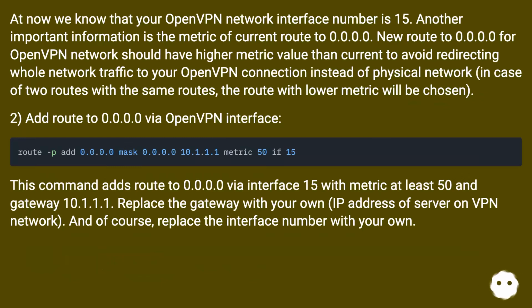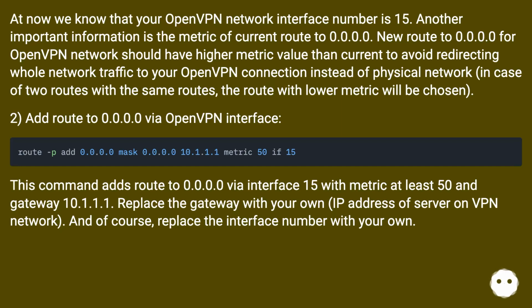Another important piece of information is the metric of the current route to 0.0.0.0. The new route to 0.0.0.0 for the OpenVPN network should have a higher metric value than the current one, to avoid redirecting the whole network traffic to your OpenVPN connection instead of the physical network. In case of two routes with the same destination, the route with the lower metric will be chosen.